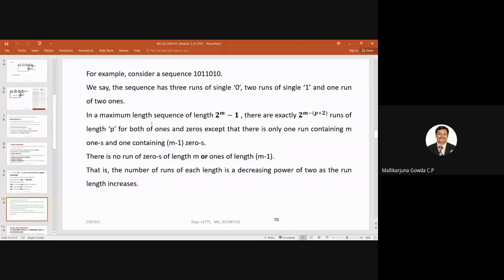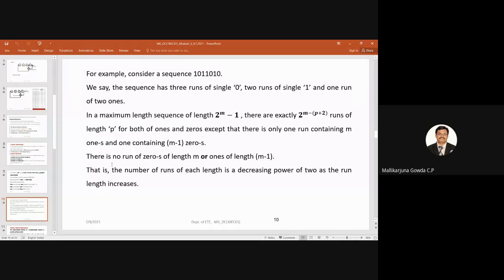So in a maximum length sequence of length 2 power m minus 1, there are exactly 2 power m minus p plus 2 runs of length p for both ones and zeros, except that there is only 1 run containing m ones and 1 containing m minus 1 zeros.